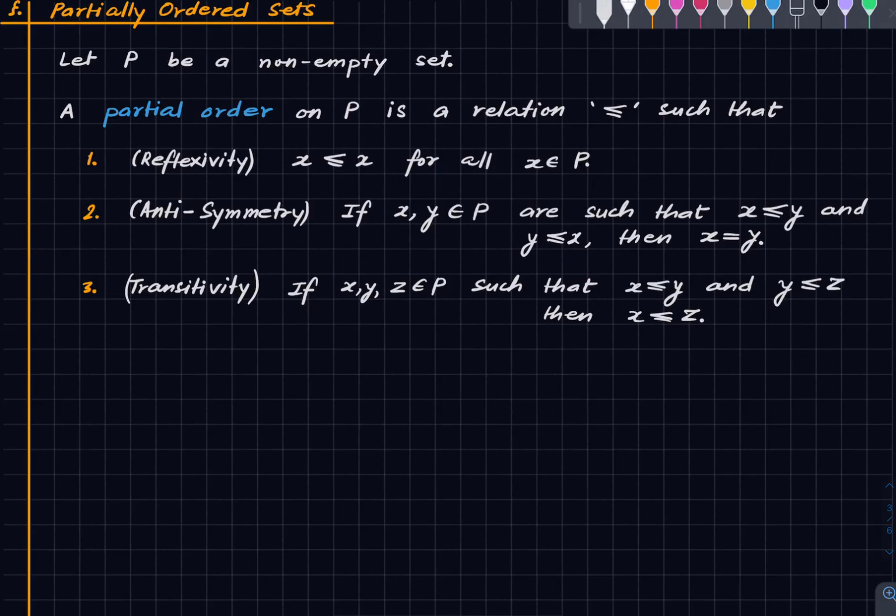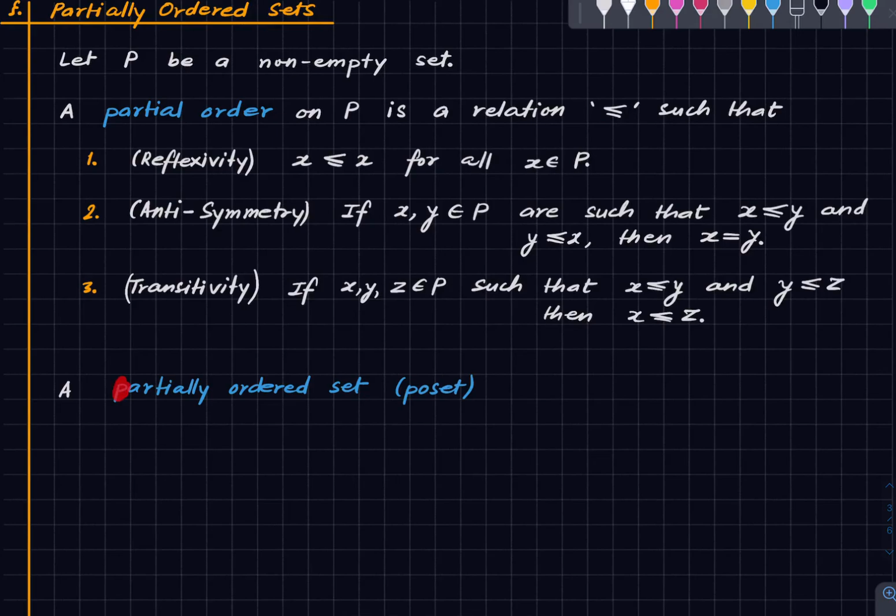So we have abstracted out the three properties that we saw for integers, and any relation satisfying these three properties is called a partial order on P. All right, now a partially ordered set, or a poset.